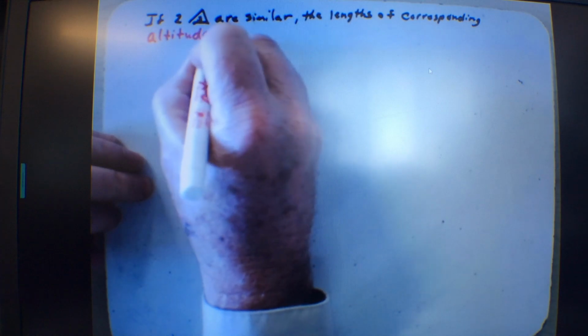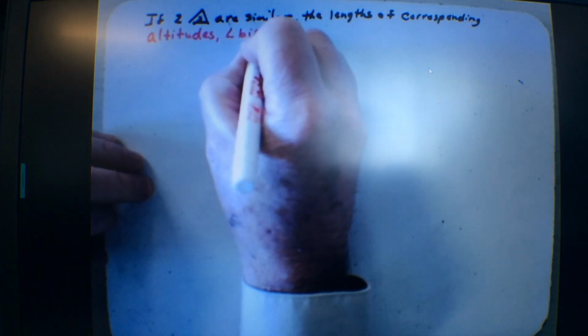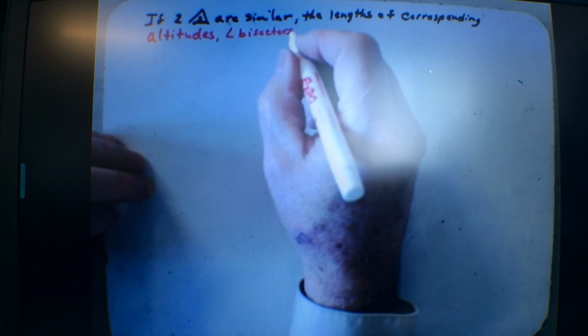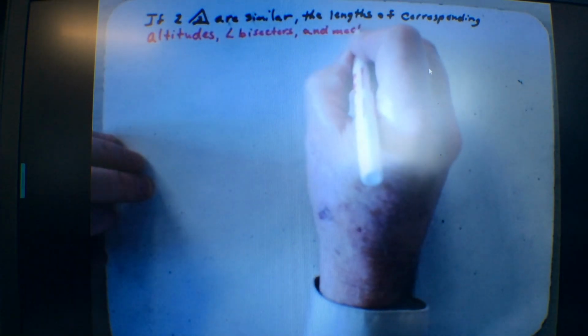Corresponding altitudes. Okay, this is 7.8. I'm going to add a word. Angle bisectors. This is theorem 7.9. You'll notice I'm putting all three into one. And medians. And that is 7.10.